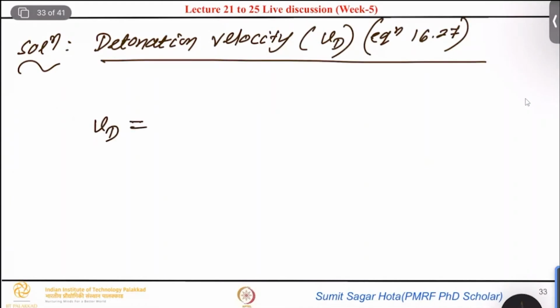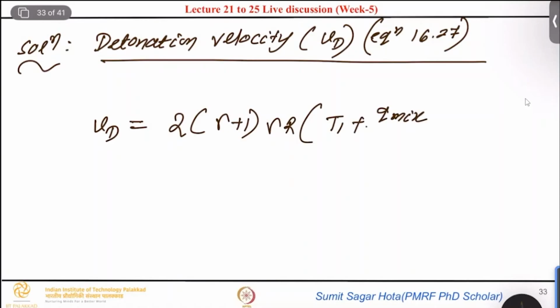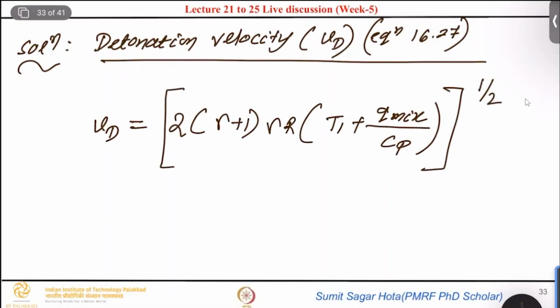Vd is equal to the square root of 2 into gamma plus 1 into gamma R T1 plus Q of mixture divided by Cp. This is the formula for the detonation velocity.